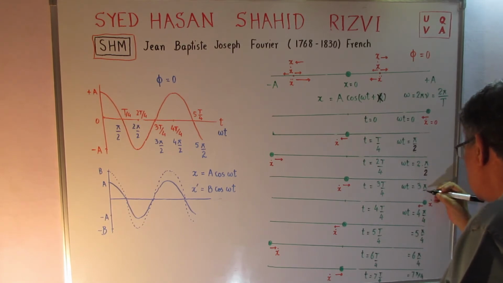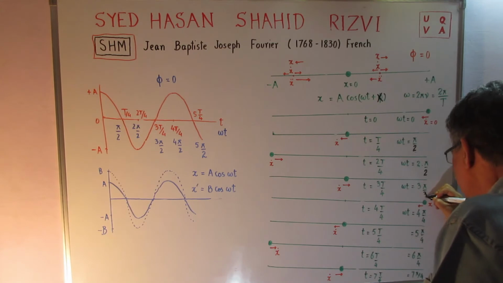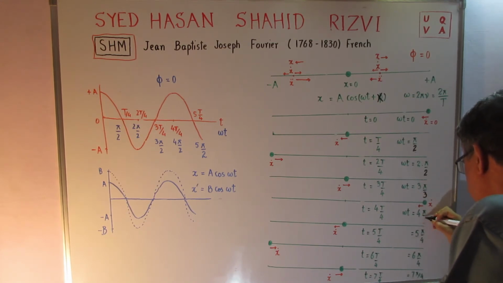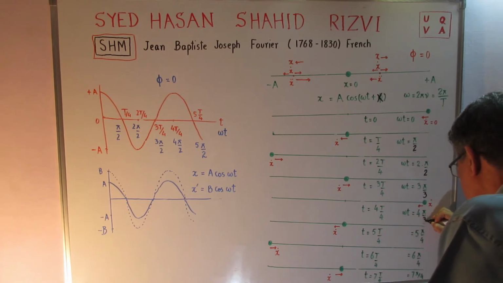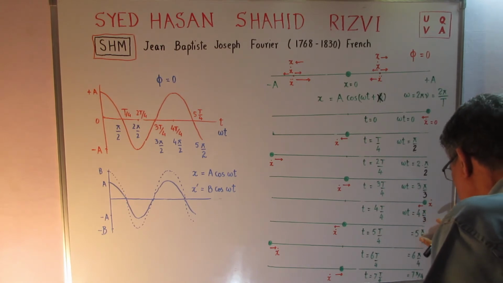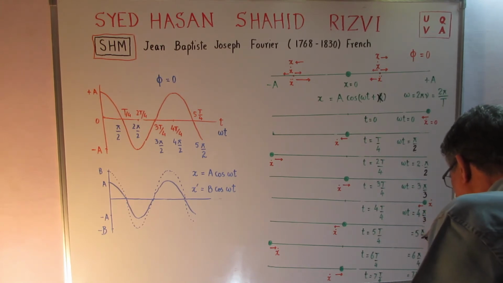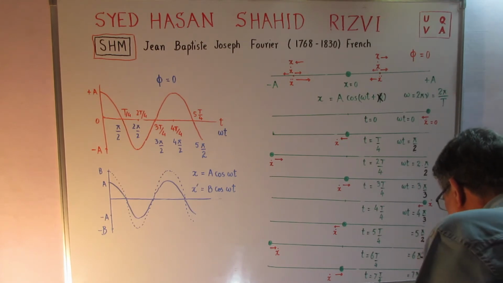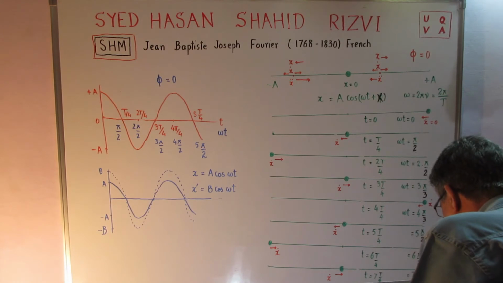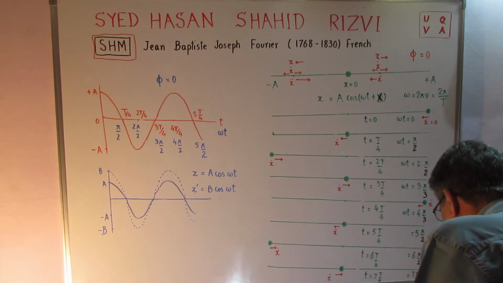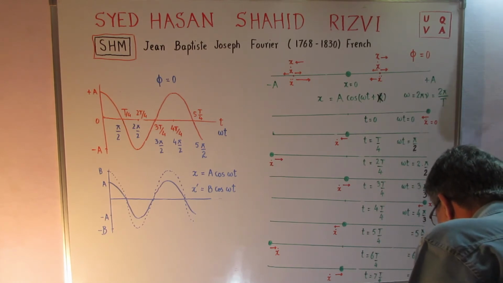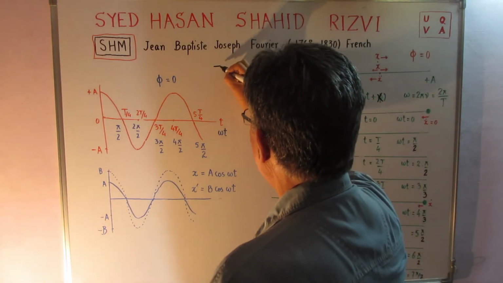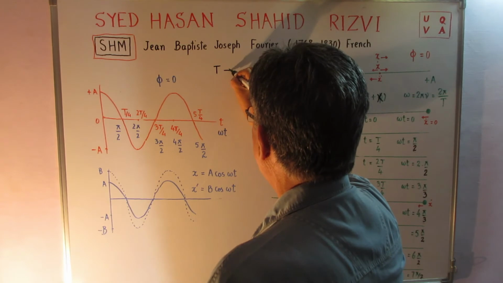Sometimes you are taken for a ride. Once you commit one mistake, then you have to commit another and another. So everywhere here pi by 4, I will make it pi by 2, pi by 2, pi by 2, because T corresponds to 2 pi.